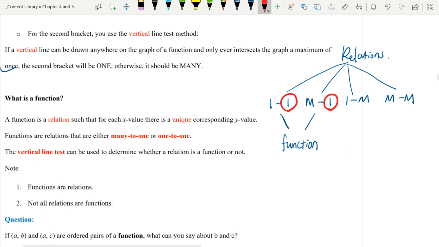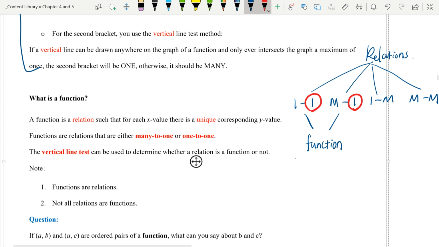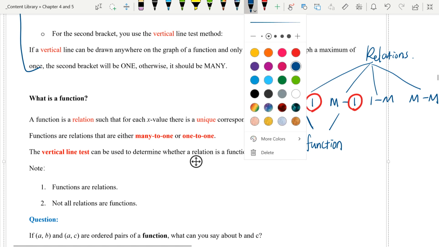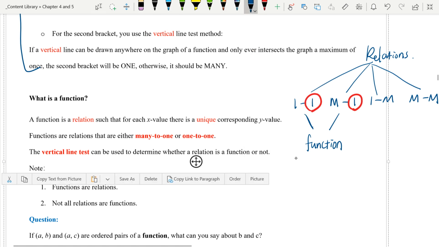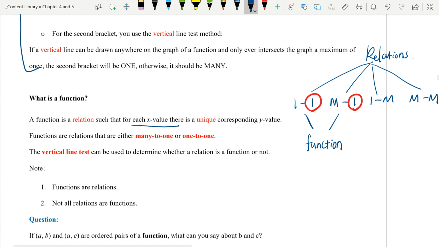Alright, so what's the definition for a function? The definition for a function is a relation such that for each x value, there is a unique corresponding y value.